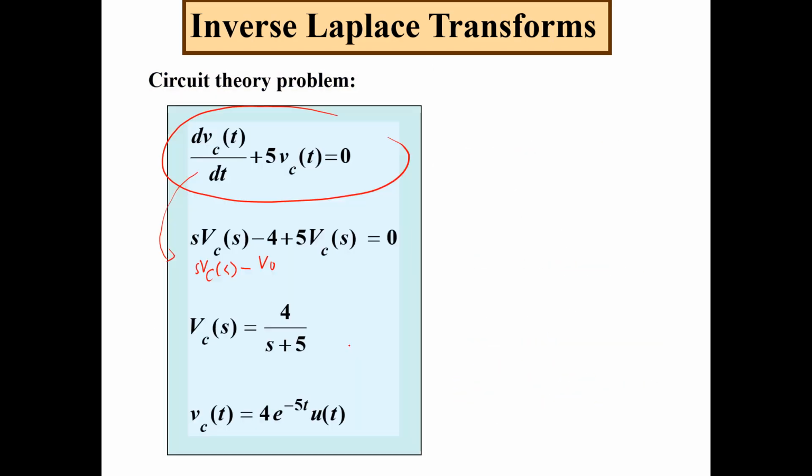So Vc(s) is 4/(s+5). We take the inverse, so we got that Vc(t) is 4 e^(-5t) u(t). So if you have a problem in circuit theory, you can use the Laplace transform like this one to find the solution.